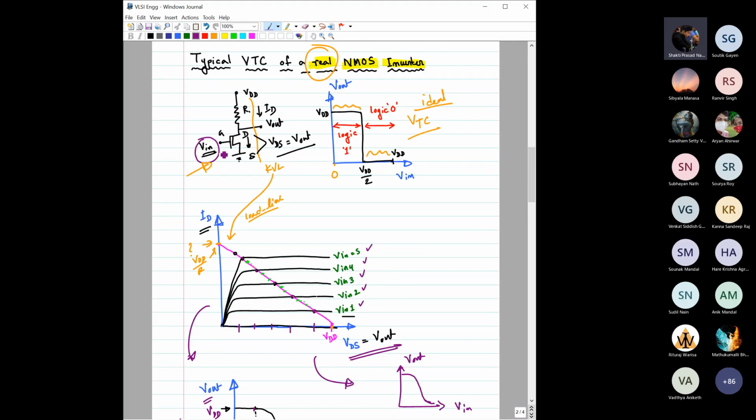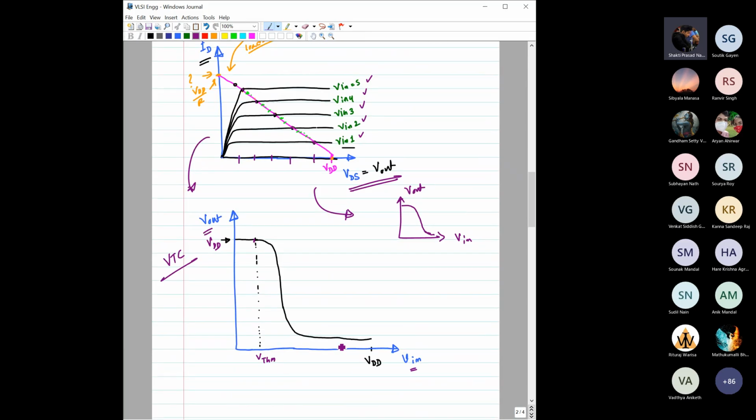You can get it. You have to choose the Kn value, meaning the transistor parameter, and the resistance value accordingly. So you will also get VTC characteristics something like this, right? Don't worry about that. But from this to this, it's not really matching. Maybe this would be a better VTC representation, which is coming out of this plot, right?